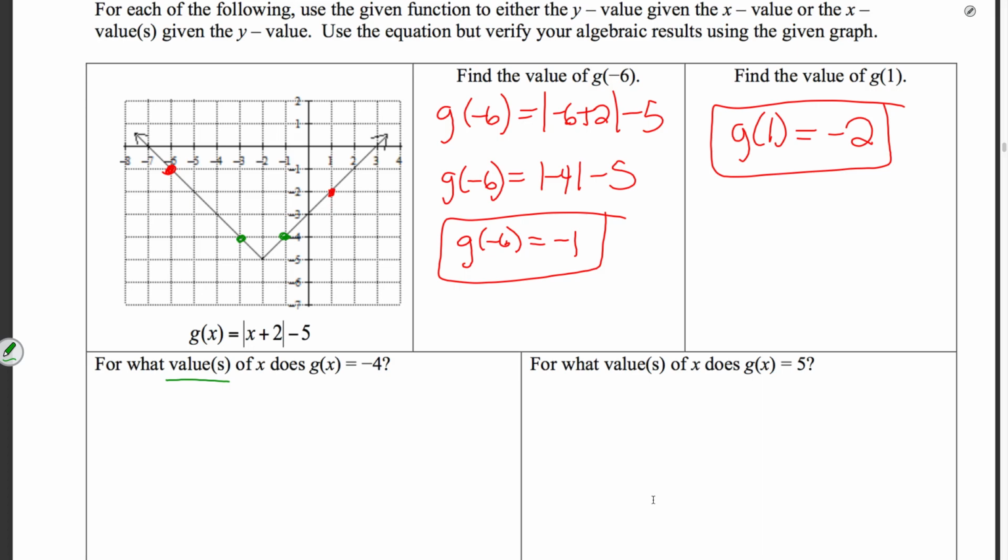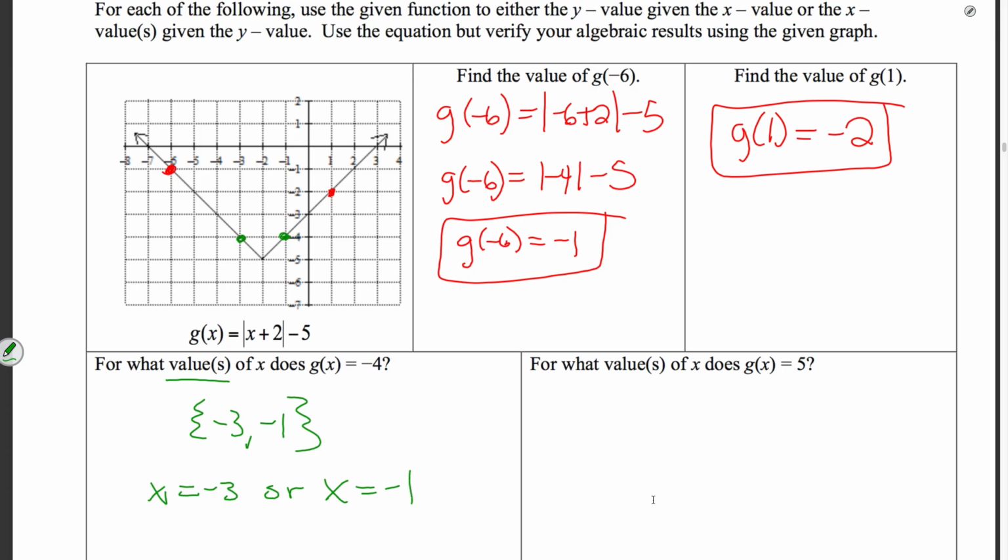All right. So now try it out for me. I'm going to show you a couple of ways to write it. Anytime we have a list of values, you can use braces, and we're going to write -3, -1. For what values of x, you got -3, -1, or you could write x equals -3 or x equals -1.